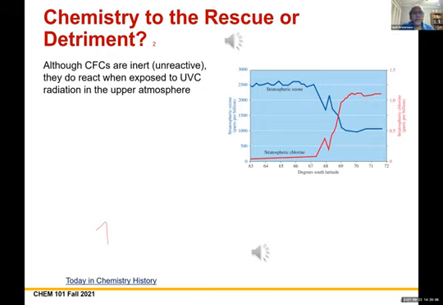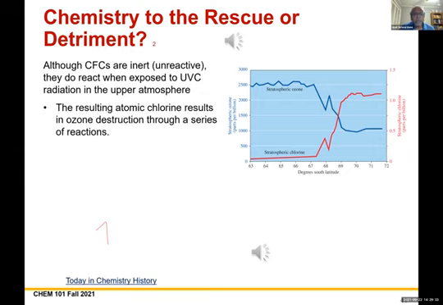Although CFCs are inert, meaning unreactive, they do react with UVC radiation in the atmosphere. In the upper atmosphere, they react with UVC and break up the compound into chlorine.